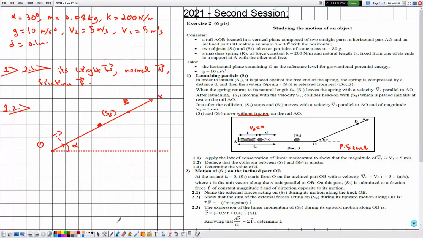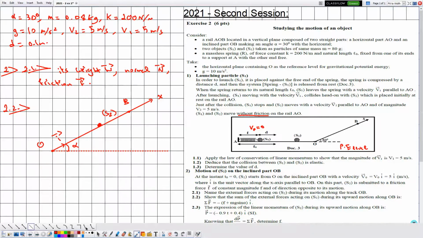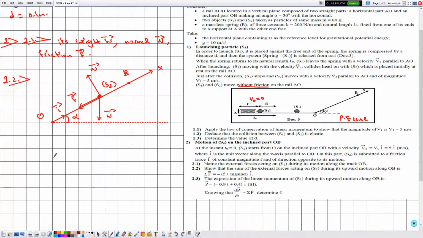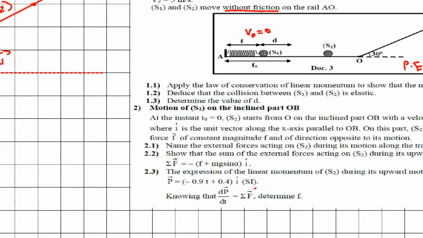Now let's represent without a scale the forces acting on S2. We have the weight, which is vertically downward. We have the normal, which is perpendicular to the plane. And we have the force of friction, which is acting opposite to the direction of motion along the inclined plane. This is F, this is N, and this is the weight. So sum of forces, here we need to calculate it as a vector quantity.